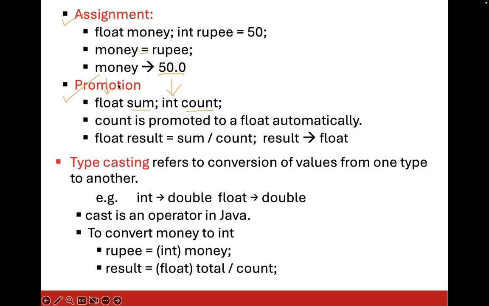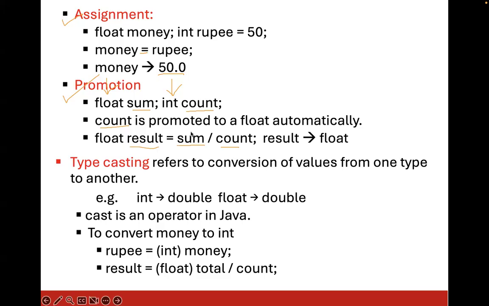The two different data types that we are using here. And then we have another variable called count. The same variable. Count is promoted to float automatically if you follow this way. So you have a new variable called results and you are going to divide sum into count.